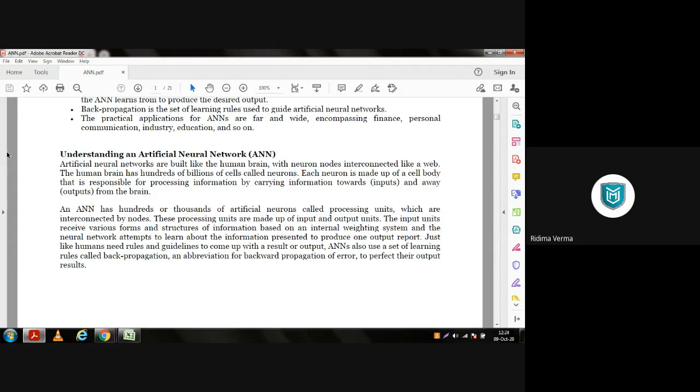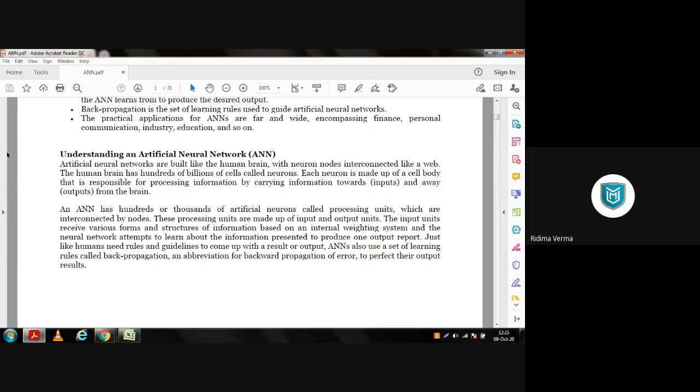An ANN has hundreds or thousands of artificial neurons called processing units, which are interconnected by nodes. These processing units are made up of input and output units. The input units receive various forms and structures of information based on an internal weighting system, and the neural network attempts to learn about the information presented to produce one output report.